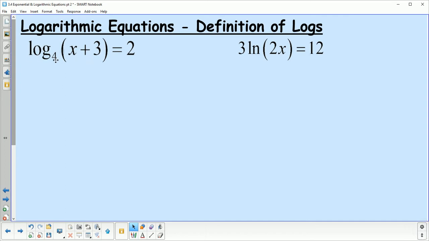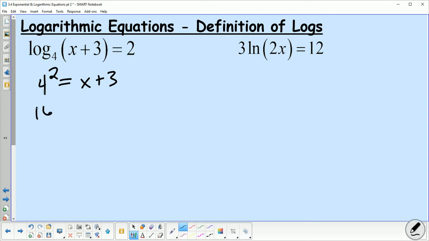You'll see that our logarithmic expression is already by itself here. So I'm just going to change it into exponential form. We have our base is 4, our exponent is 2, and therefore it equals what we're trying to take the log of. Now, solving this, we get 16 equals x plus 3.